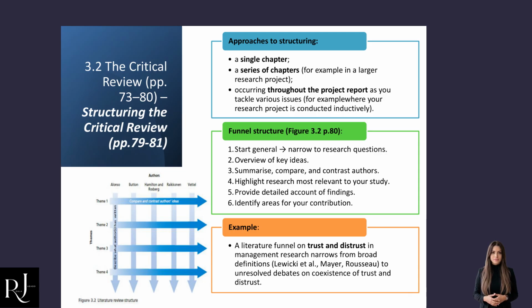For example, a funnel on trust would start with broad definitions by major authors like Mayer or Russo and narrow down to specific unresolved debates regarding how trust and distrust coexist in management research.